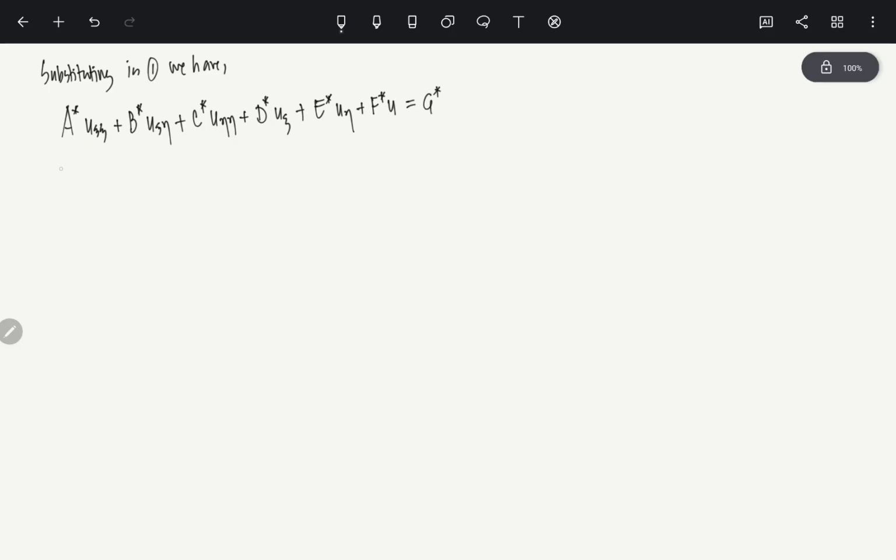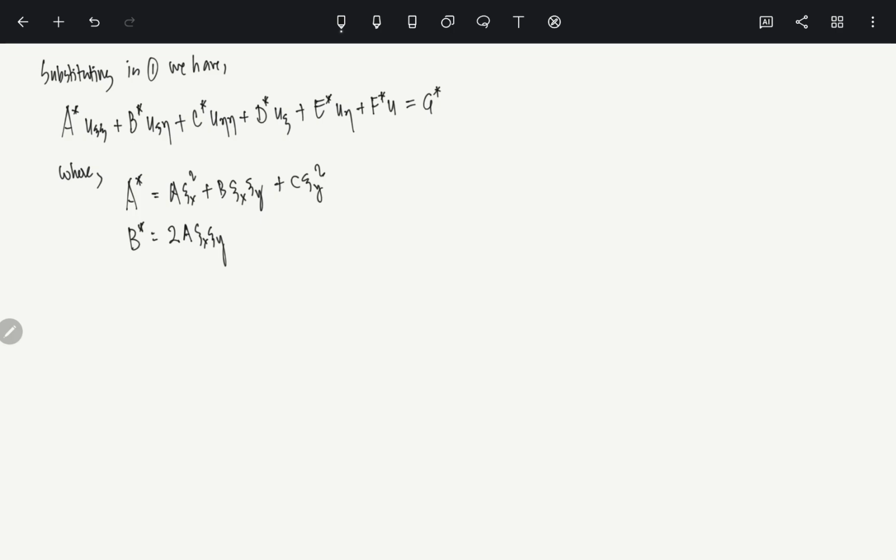Where a star is nothing but a xi x square plus b xi x xi y plus c xi y square. Okay, b star will be given by 2a xi x xi y.